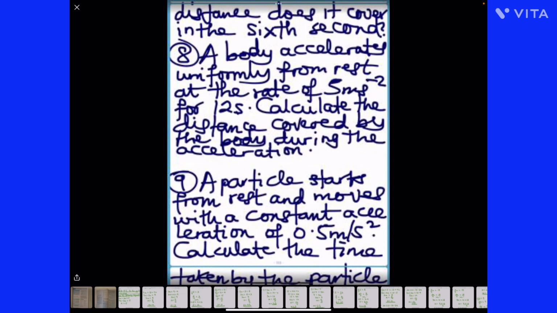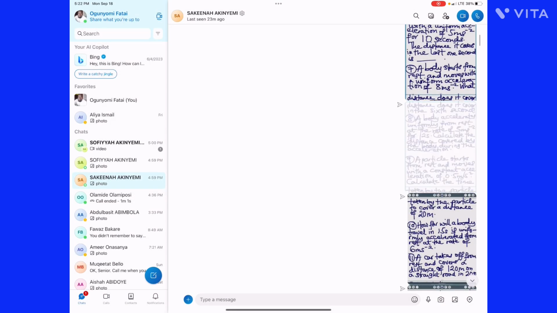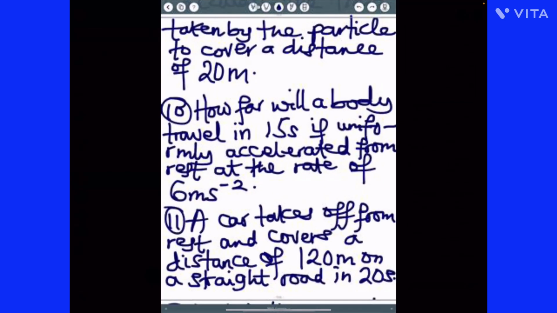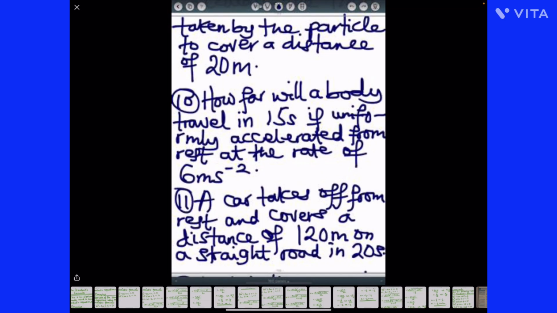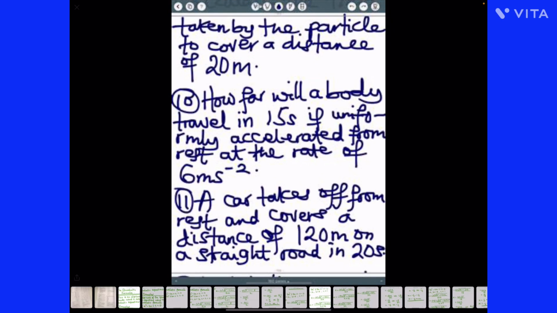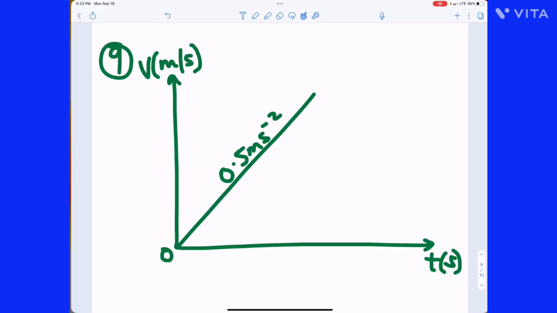It says calculate the distance. Is it distance? Okay, calculate the time taken by the particle to cover a distance of 20 meters.